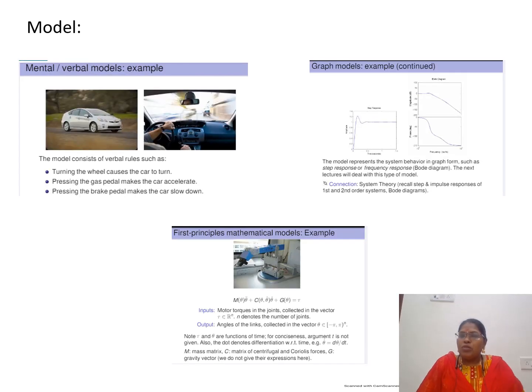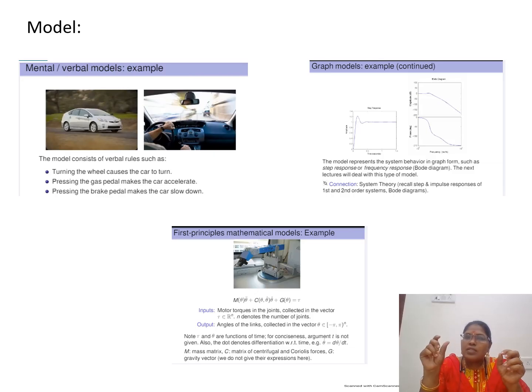So next comes the model. What do you mean by model? A model is nothing but a description of any system. For example, take a liquid level system. In a liquid level system, you have an input and an output. Water is flowing into the tank and water is draining out.